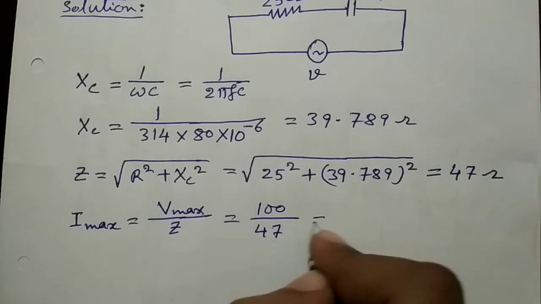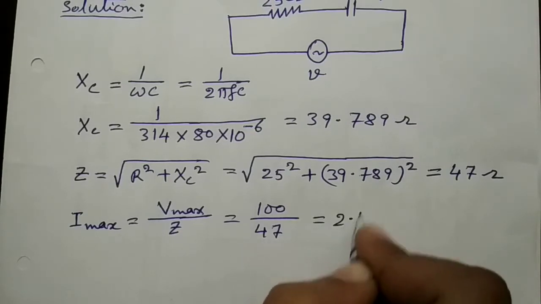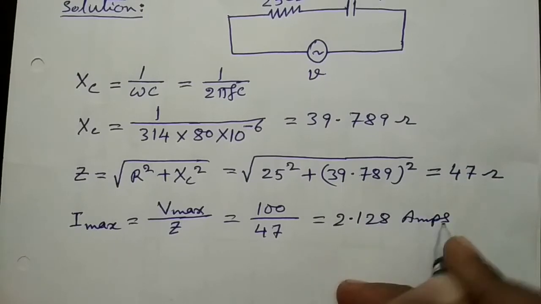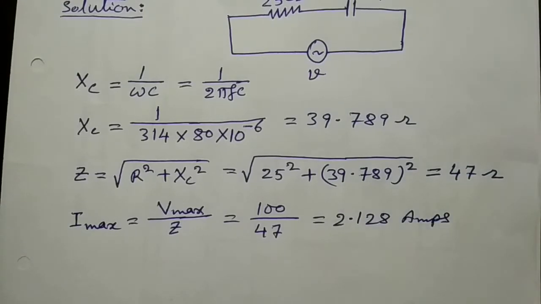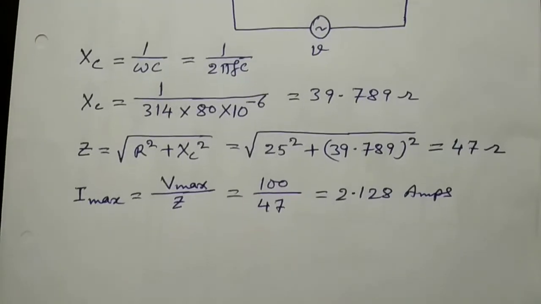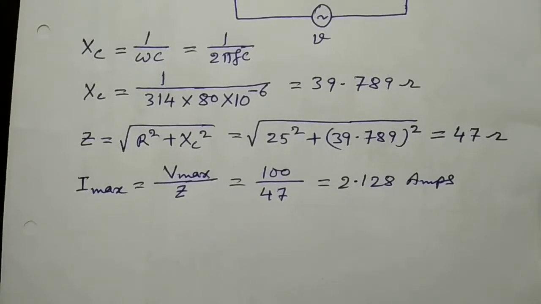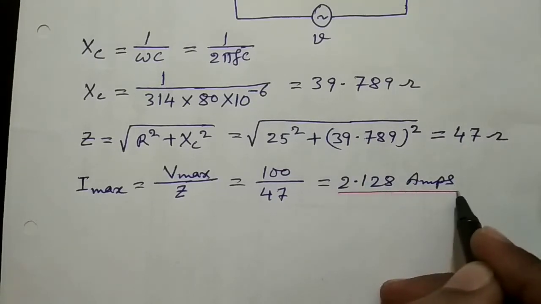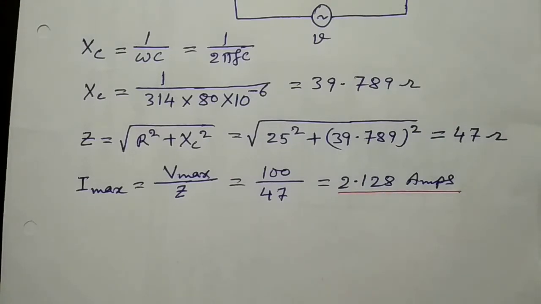So it will be 2.128 ampere. This is the value of the maximum current, the answer of the first part.